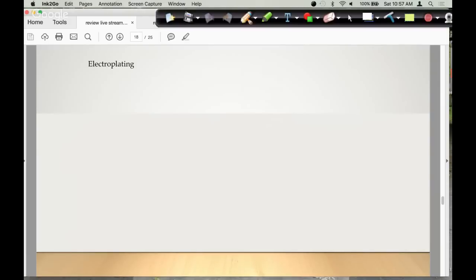For electroplating, this would be an electrolytic cell.